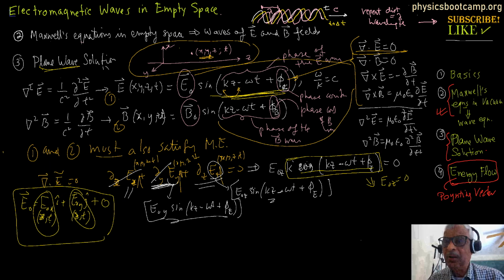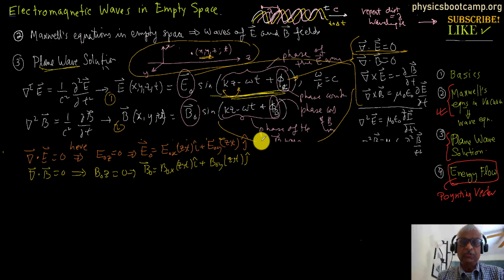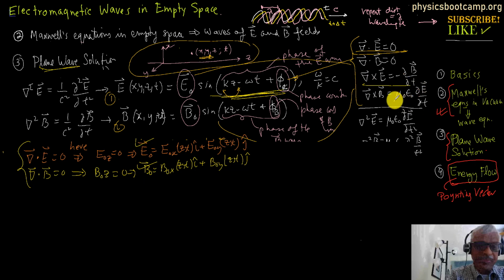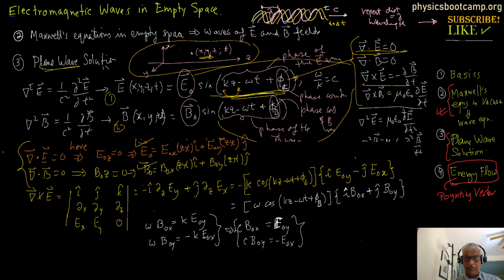Okay, so similarly we have this for the B. So these are two done. How about this guy? Let's go del cross E. When we do del cross E or del cross B, either of these two equations, when we plug into them, they give you the same thing.